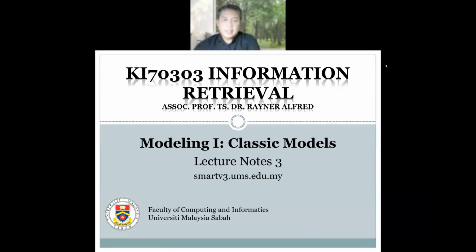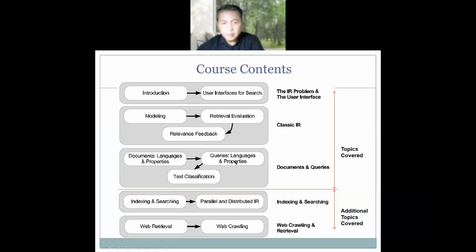So the third session is called modeling one. We will look into the basic foundation on how we model the document. If we recall the sequence of lessons, last week we covered the introduction and also the user interface. These two are just an introduction to give you an overview of information retrieval.